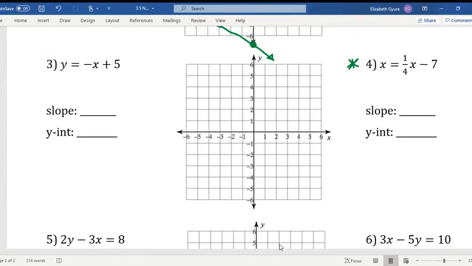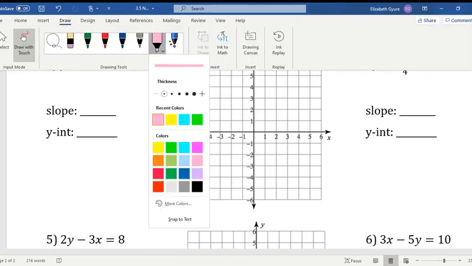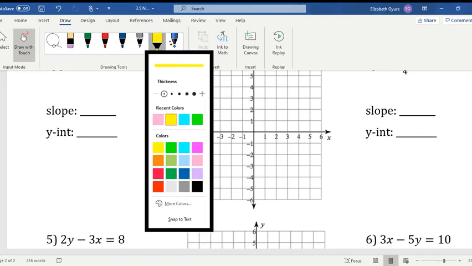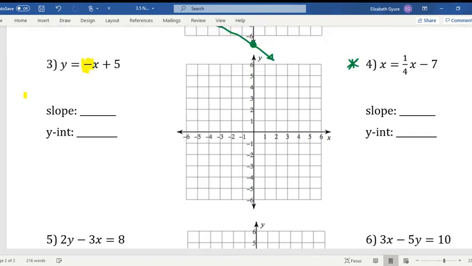There's really no number there, right? Now, if you have a variable and you cannot physically see a number there, who remembers what number is actually there, Aiden? 1. In this case, we have a negative, so it would also be a -1. So for this one, my slope is -1 because of this negative sign in front of there.